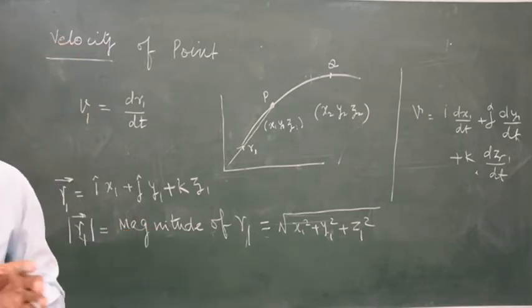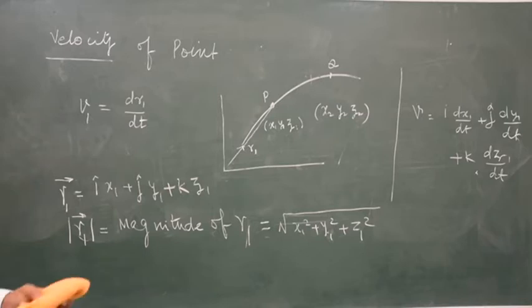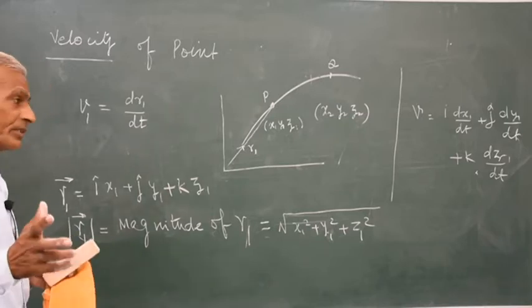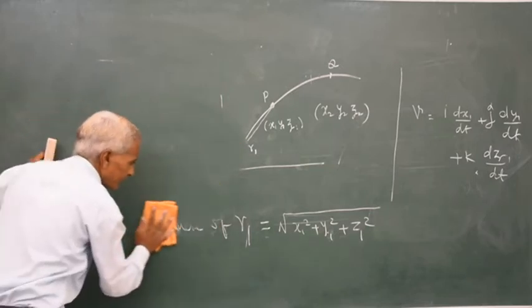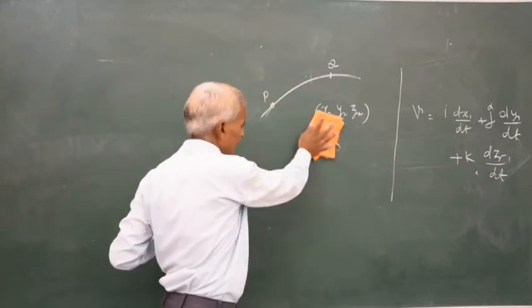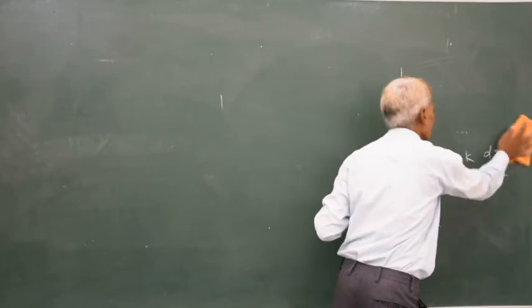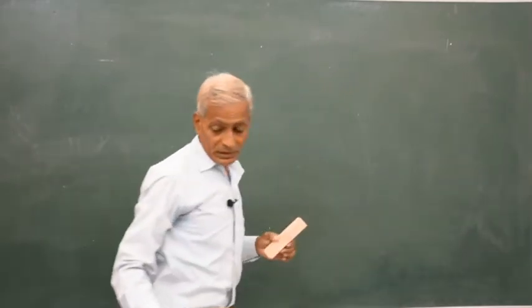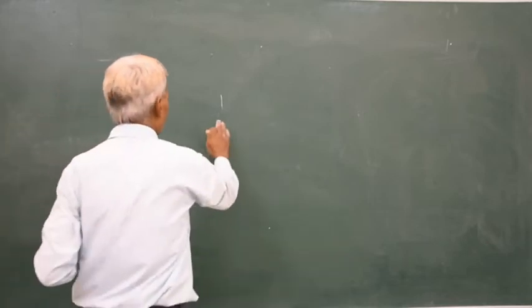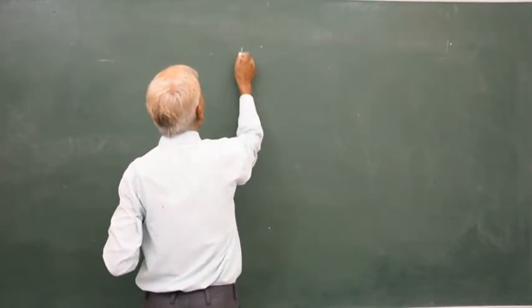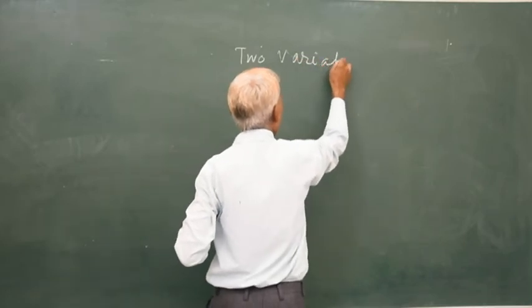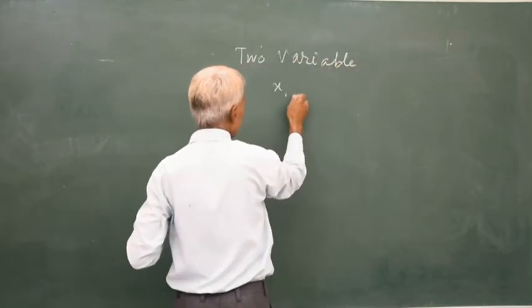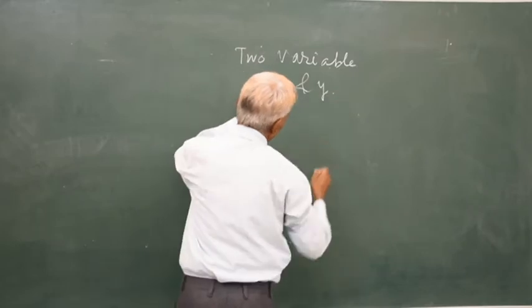Differentiation must be known to you. Now question arises, what is differentiation? Differentiation is rate of variation of one variable with respect to other. Suppose there are two variables x and y.